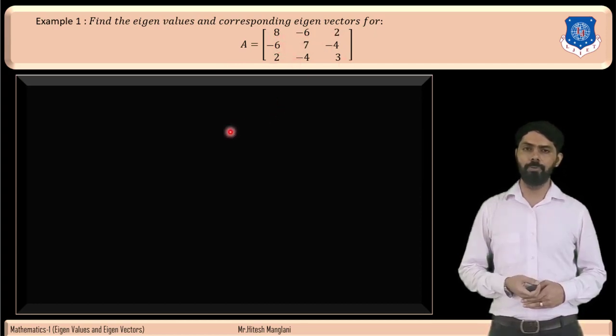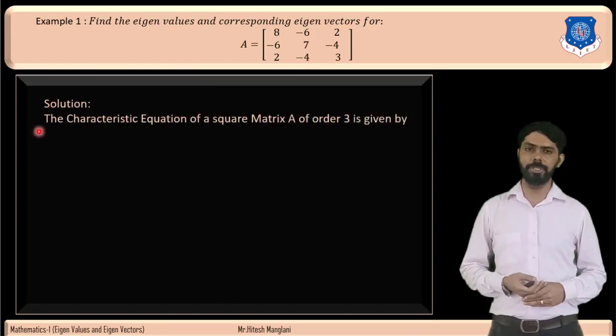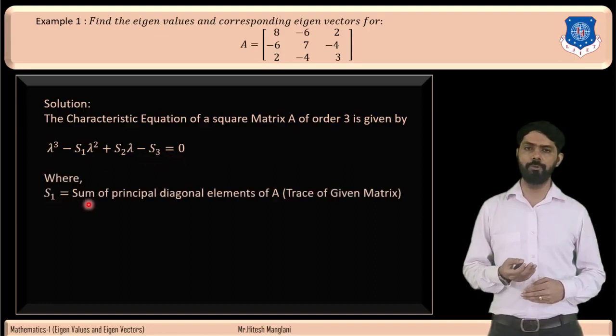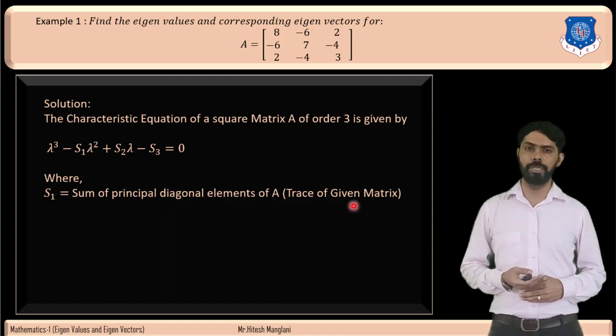First of all, the characteristic equation of a square matrix A of order 3 is lambda cube minus s1 lambda square plus s2 lambda minus s3 equal to 0, where s1 is the sum of principal diagonal elements of A, also called the trace of the matrix. So it will be 8 plus 7 plus 3, which is 18. So the value of s1 is 18.